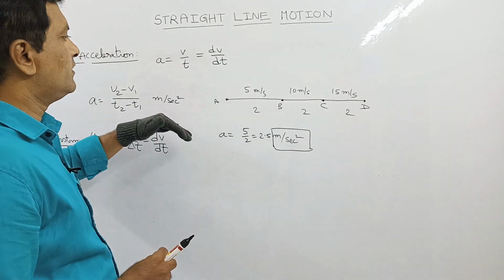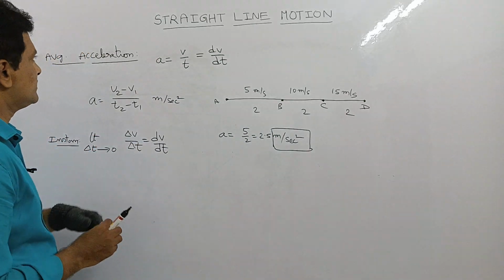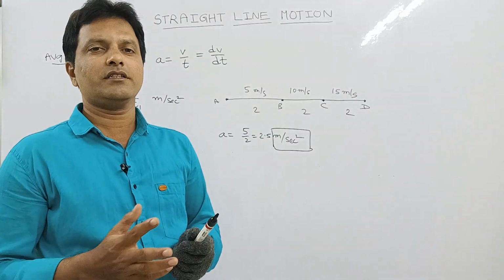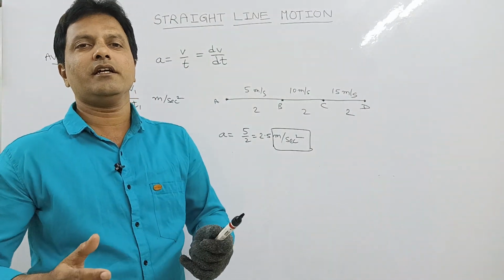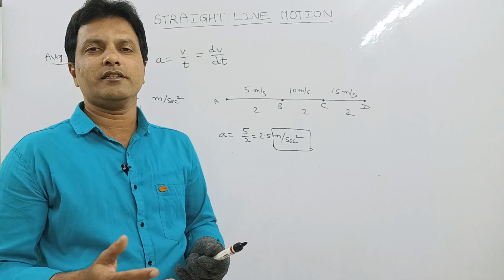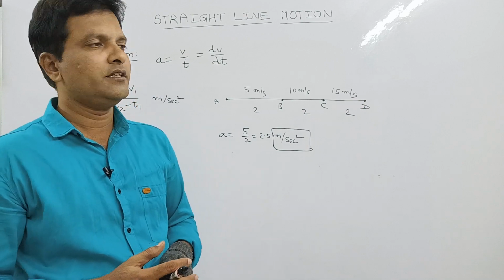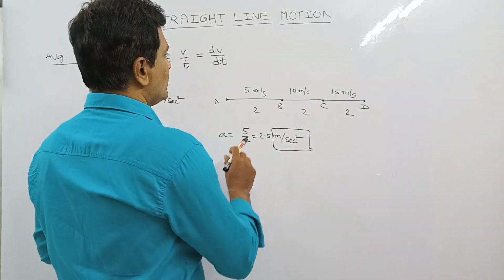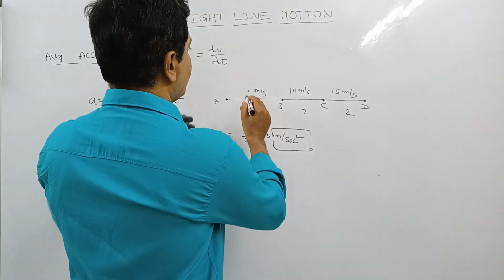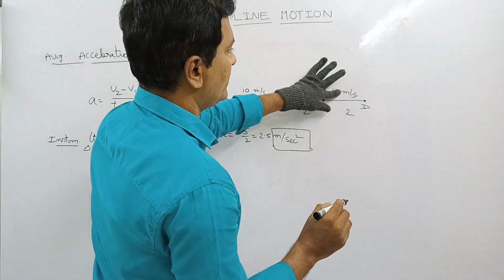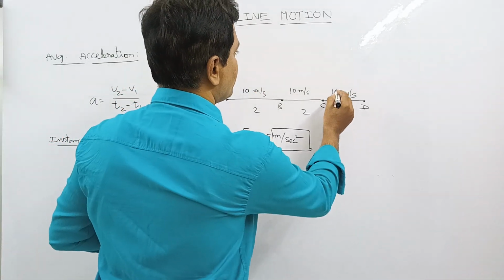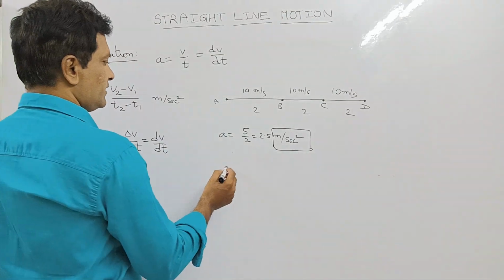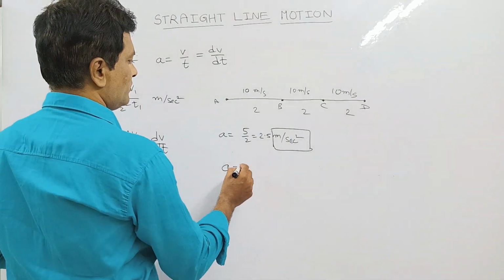Okay. So in acceleration, the main thing is the velocity change. Unless there is a velocity change, we cannot say the object is moving with acceleration. If there is no change in velocity, that means here it is moving with 10 meters per second, here also it is moving with 10 meters per second, then there is no change in velocity, so we can say the acceleration is 0.